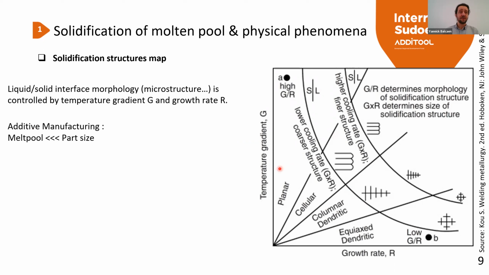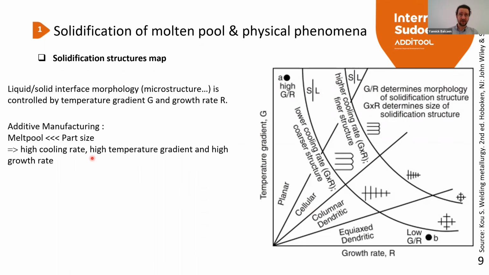In additive manufacturing, we have to understand that the melt pool is very small compared to the part size. So the part acts as a heat sink, and we can have very high temperature gradients compared to casting processes, for example.